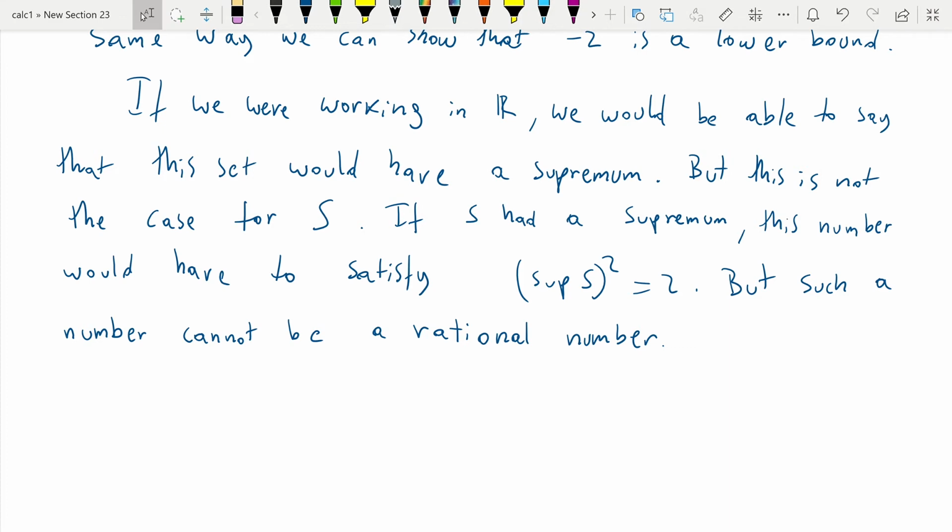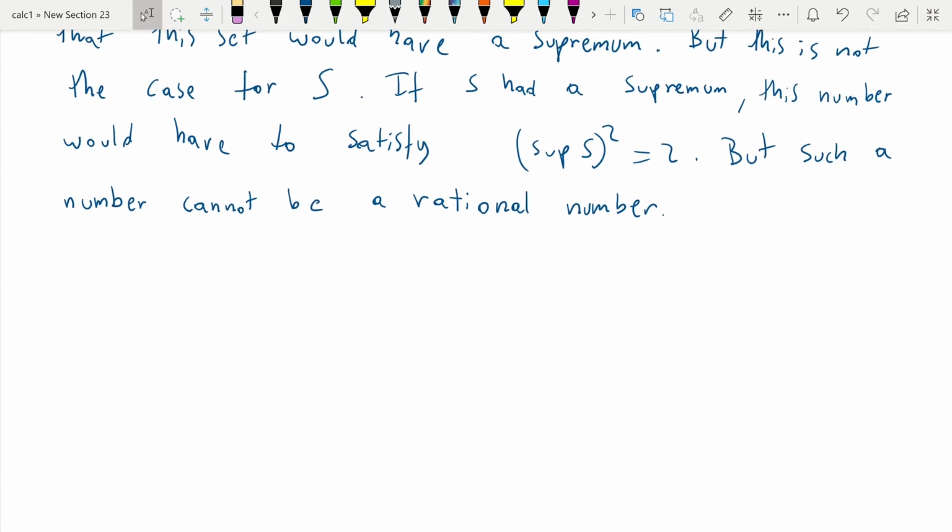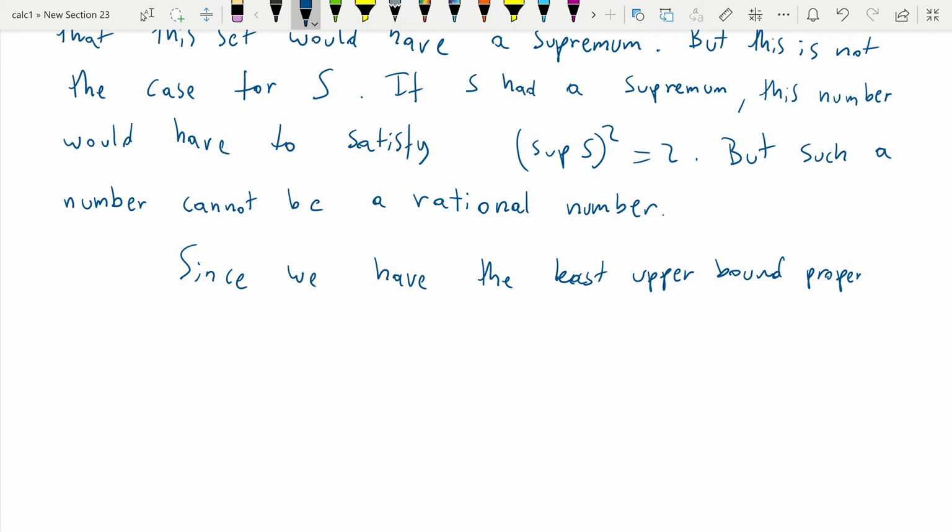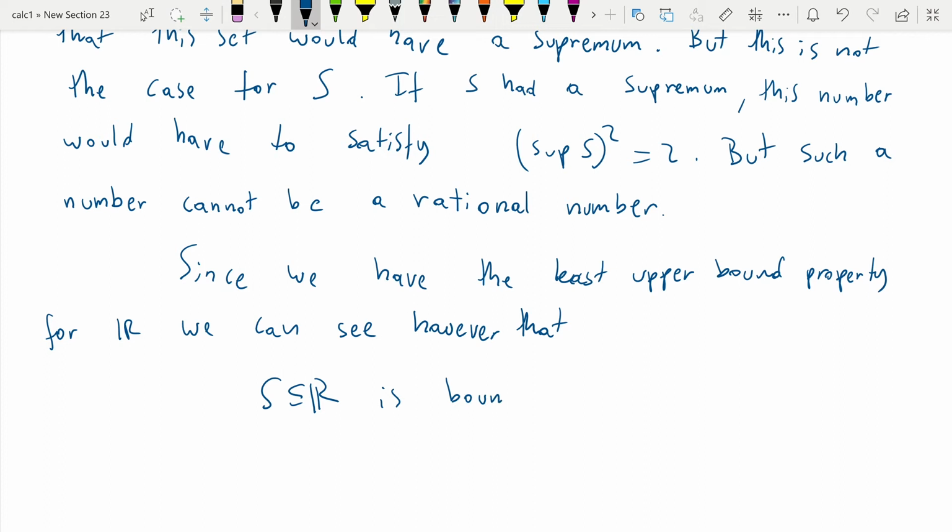Since we have the least upper bound property for R, we can see, however, that S as a subset of R now is bounded, and the supremum of S exists.